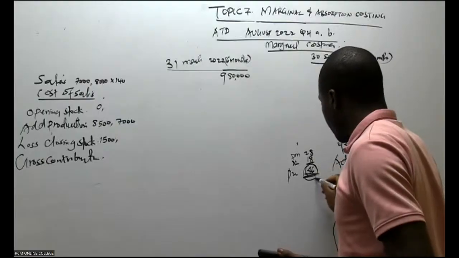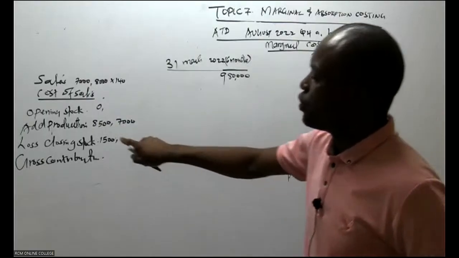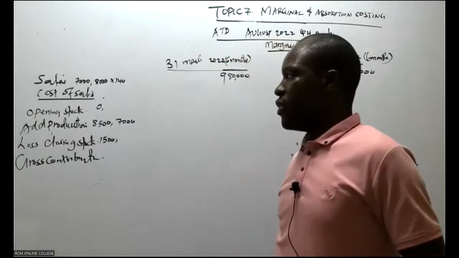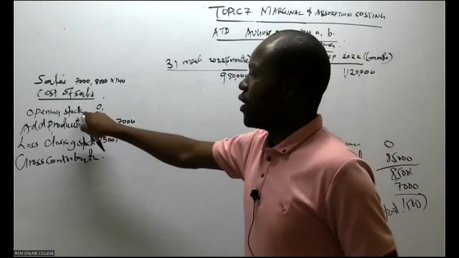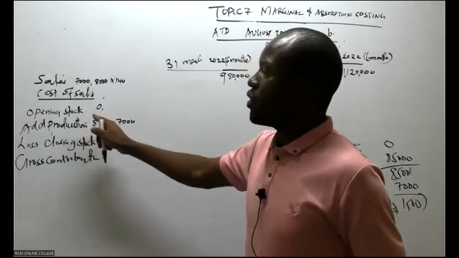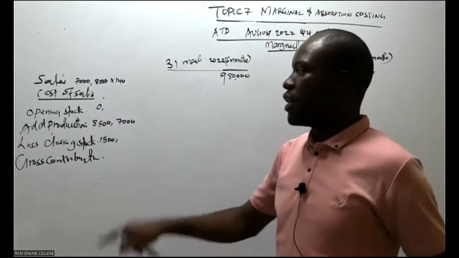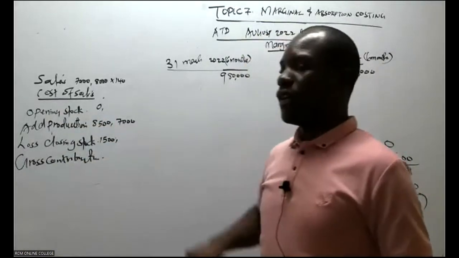This 46, I want you to listen and even note it somewhere. It only applies to the production and closing stock. You cannot use 46 in valuing the opening stock. Remember, the opening stock was produced in the previous period. So we cannot use 46 to get the value of the opening stock.